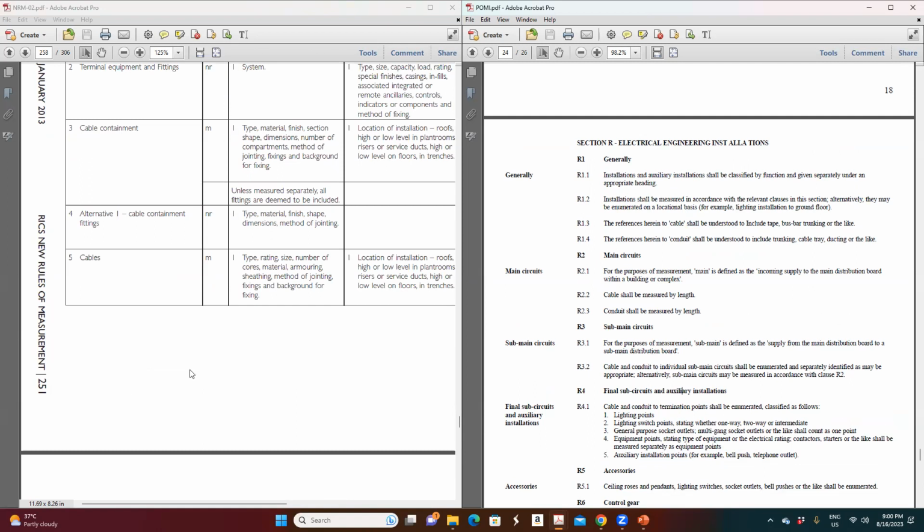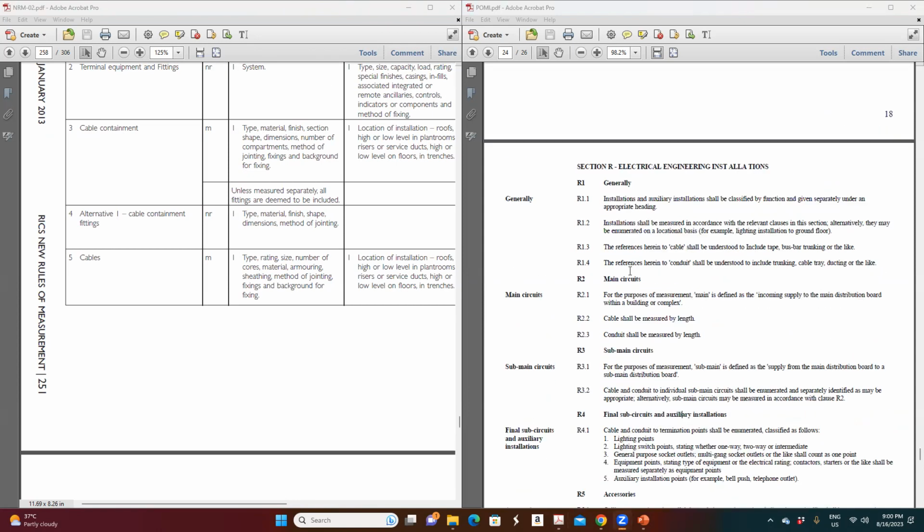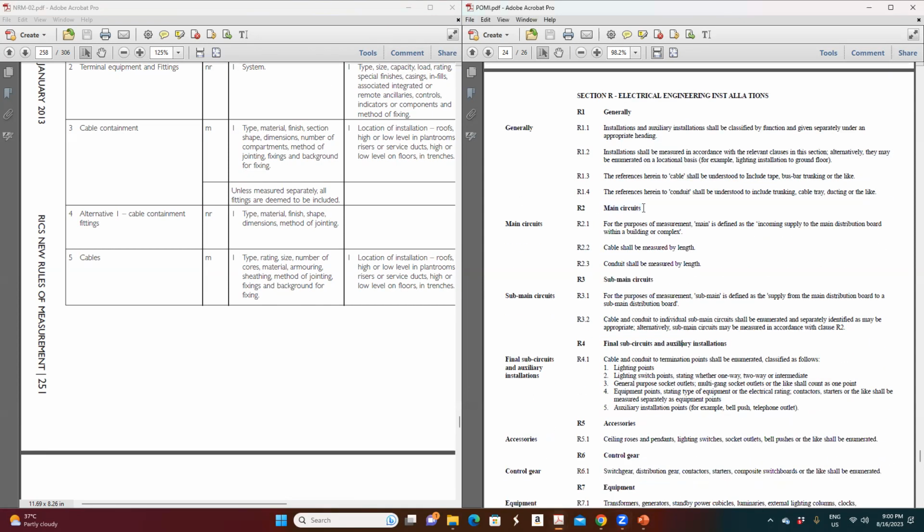In electrical, you have many works now, for example power, light, telephone system, earthing system, lightning system. So many systems are there, so they don't go along with the system. They go along with the items. So here is also the main circuit, which is the main distribution board. The purpose of main is to define the incoming supply to the main distribution board, MDB.